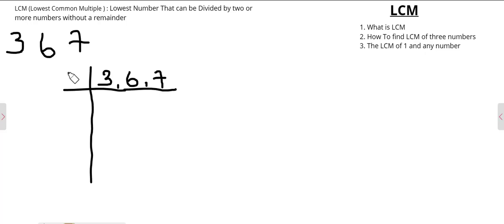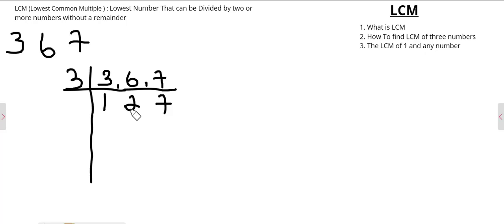If we use 3 here, 3 can divide 3 without a remainder, and it will give us 1. 3 can divide 6, and it will give us 2. But since 3 cannot divide 7, we have 7 right here. So we'll move to the next line.